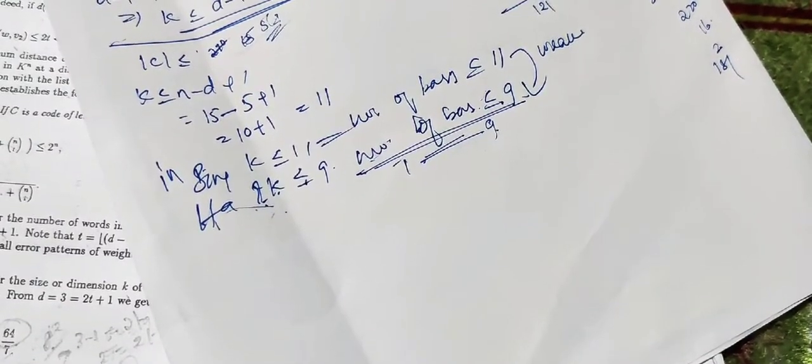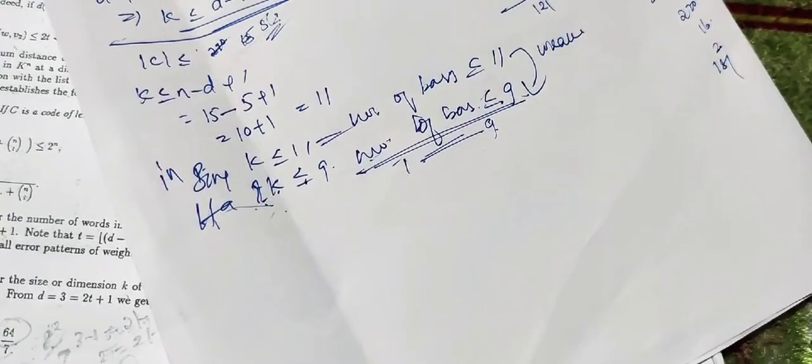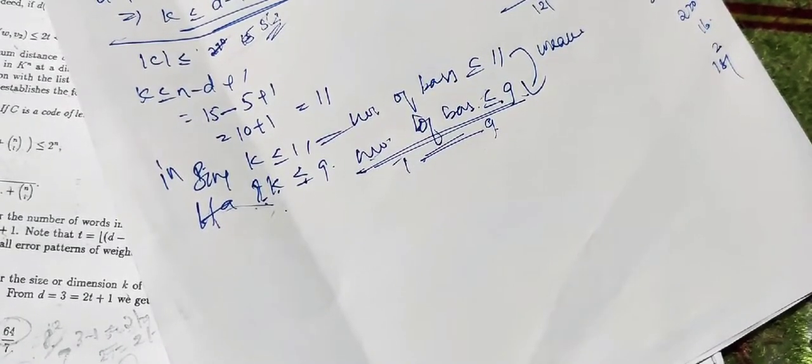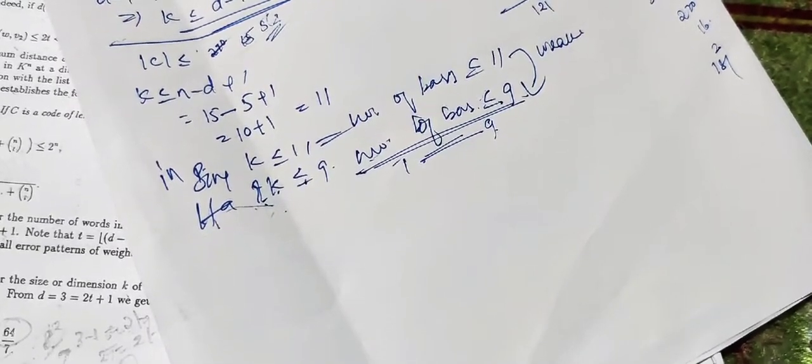So which is better? With a smaller number of elements we can make a basis and generate the linear code. This is better.